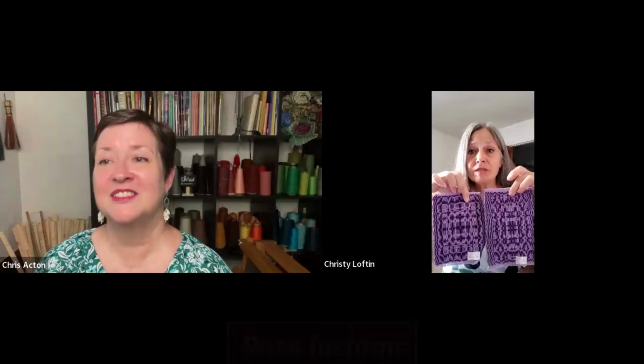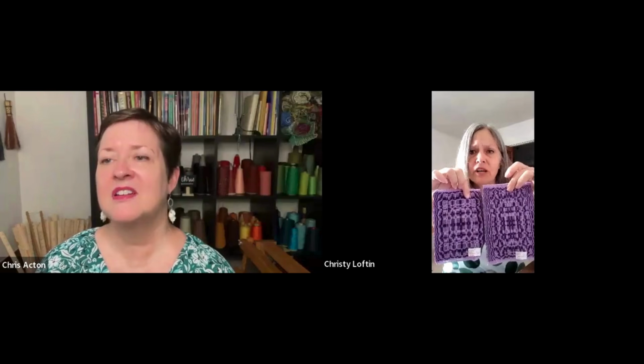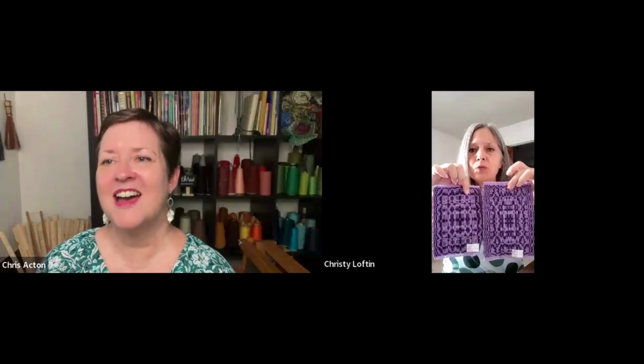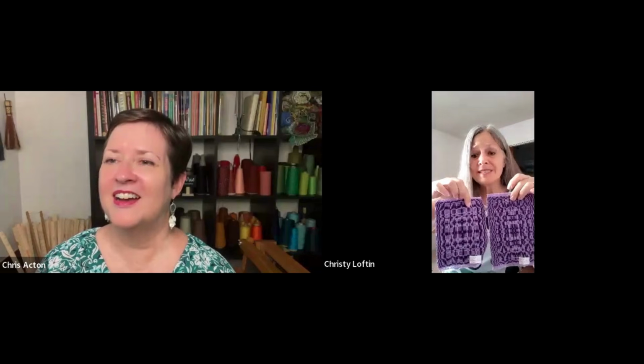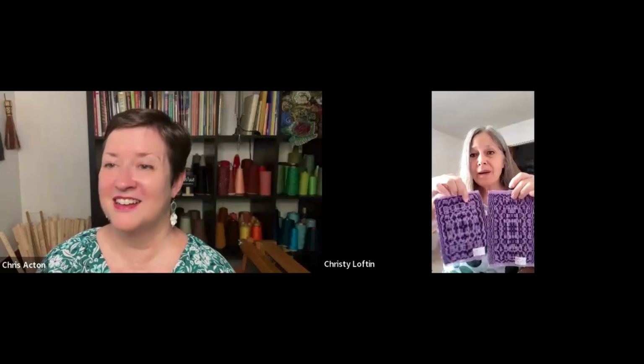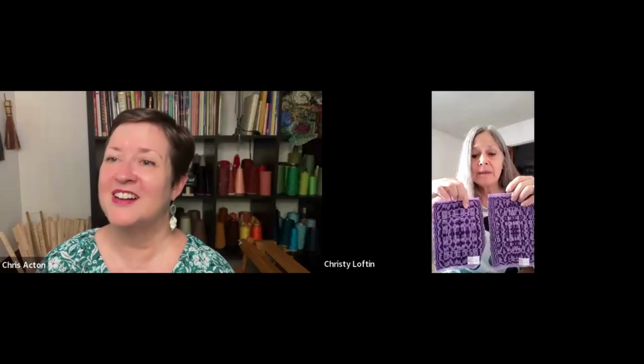This is rose fashion. We still have some geometrics, if you will, but it's rounder motifs, and you don't have the X. So this is using the same exact vertical alphabet for this example, and we have 4 very, very different designs based on that incidental choice and the rose fashion or the star fashion.